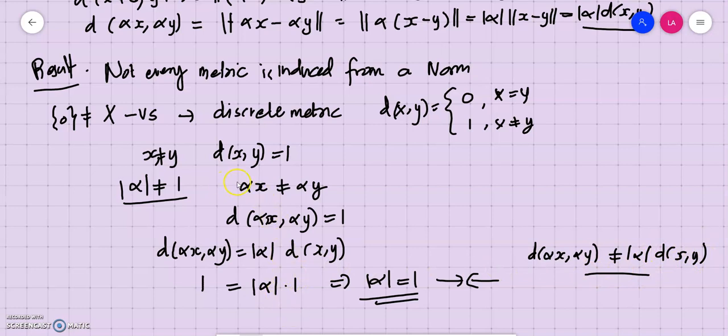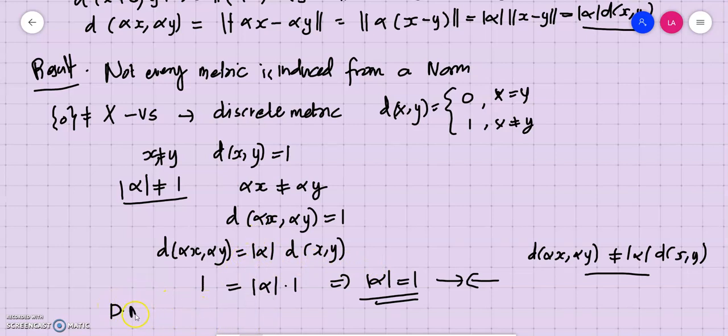So we have obtained a discrete metric in which this condition, translation invariance, does not hold. So the discrete metric is not a metric induced from a norm. This is what we have established.